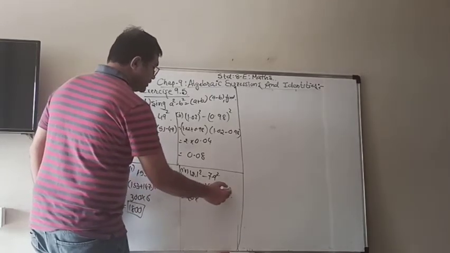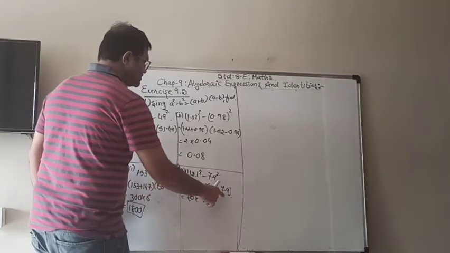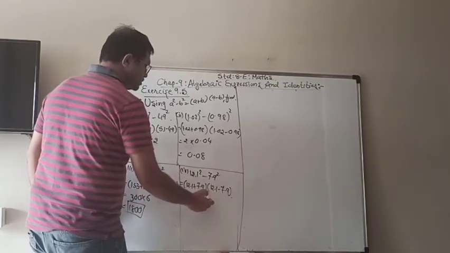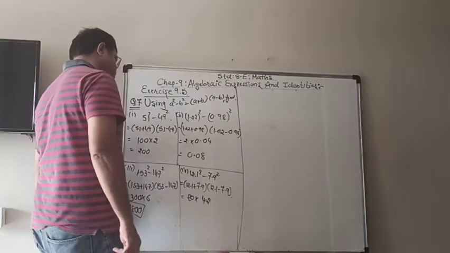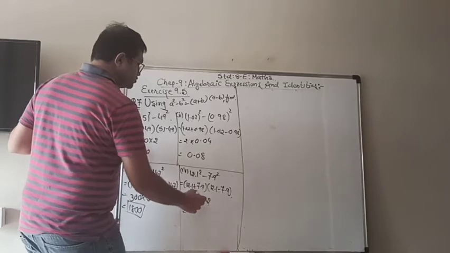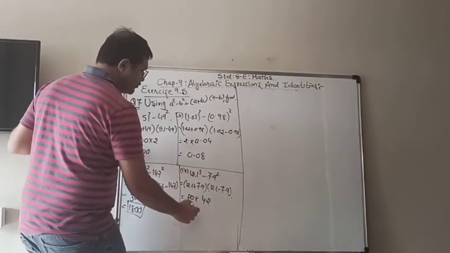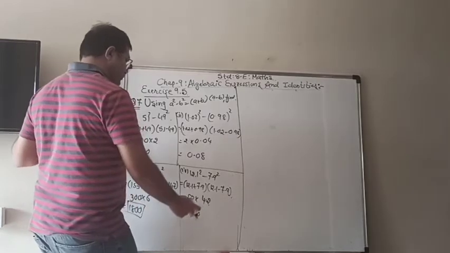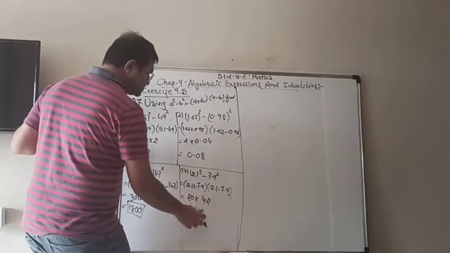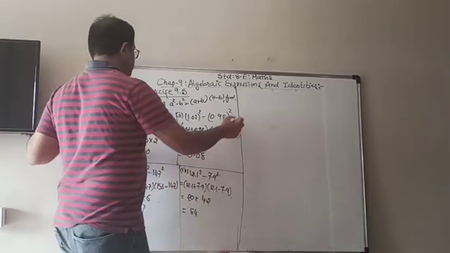Multiply by 12.1 minus 7.9, that is 4.2. So now 42 multiplied by 2. 42 2s are 84. So 840, and with one decimal it is 84.0. So you can just write down 84.